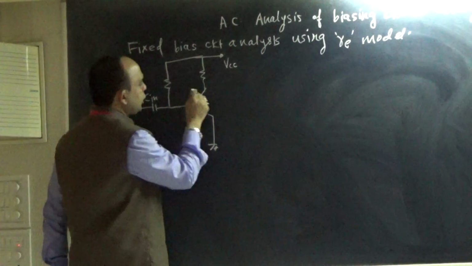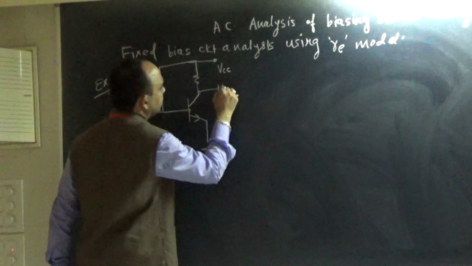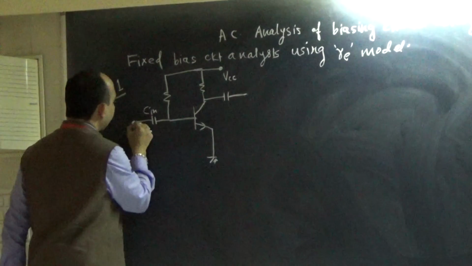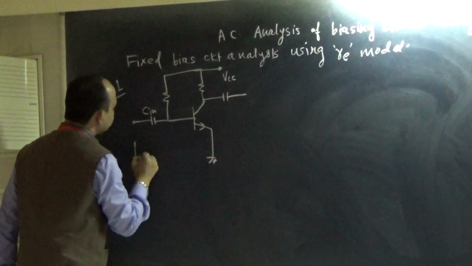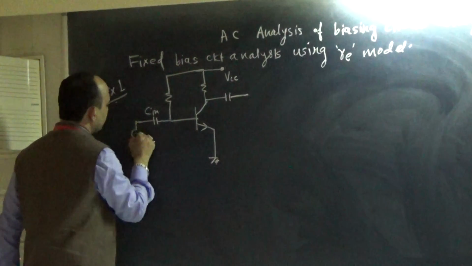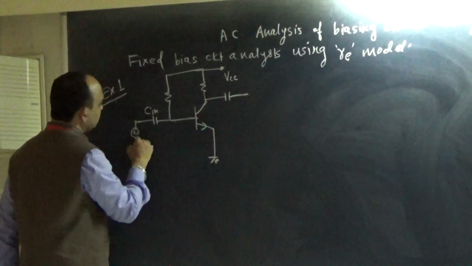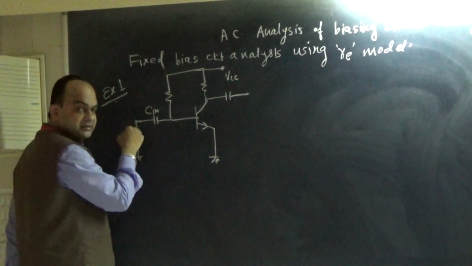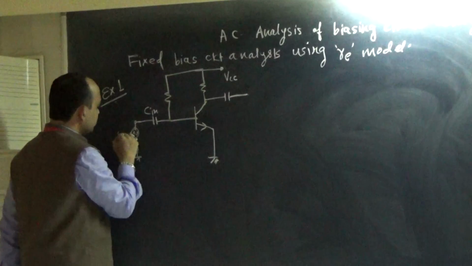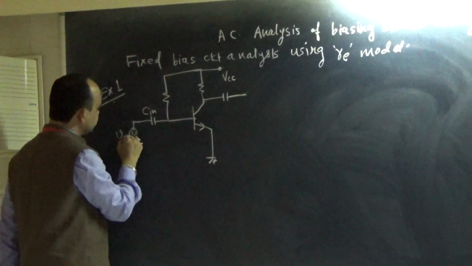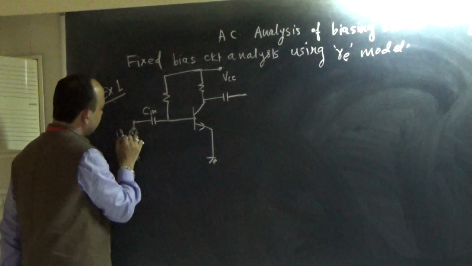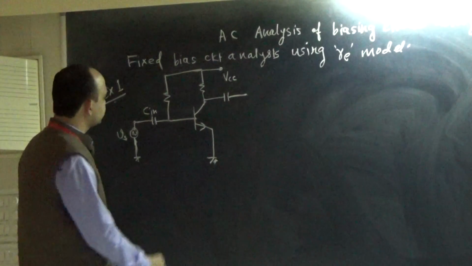See, it is not playing any major role, but still for AC amplification it is always shown. What is this symbol? The sine wave AC signal symbol. So let us say that this is VS.